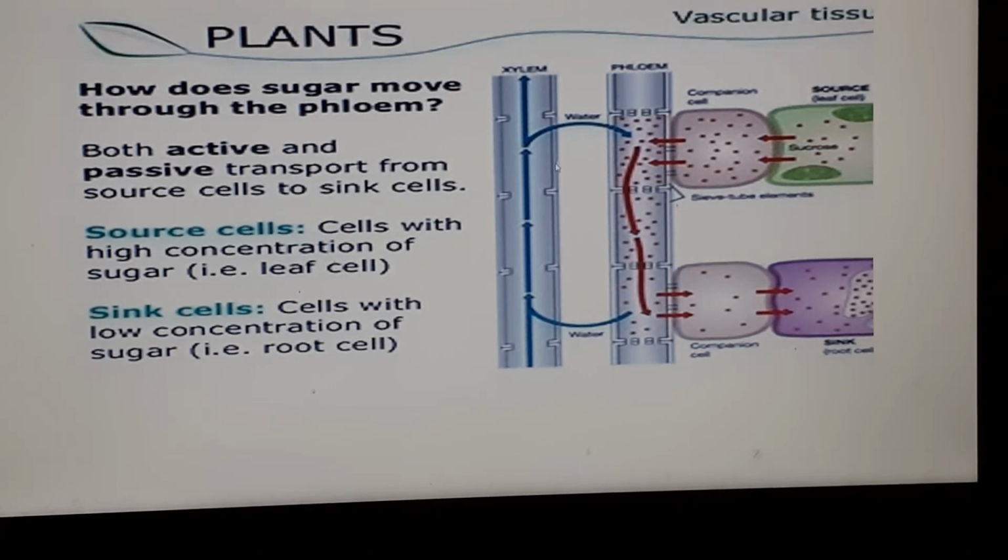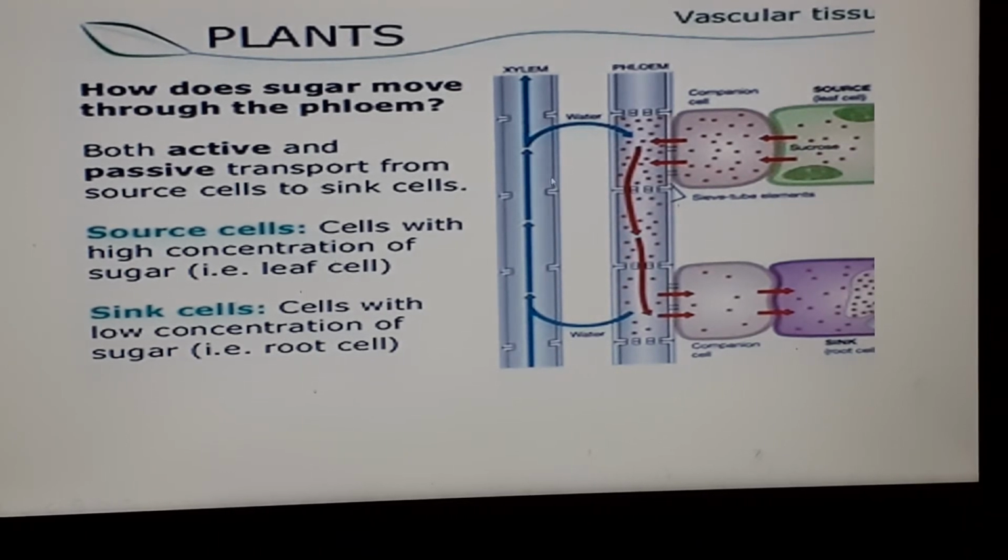Here again the important point is that the xylem goes there, through which the water molecules come. Because of the energy, the ATP created, we are getting these food substances into the phloem.